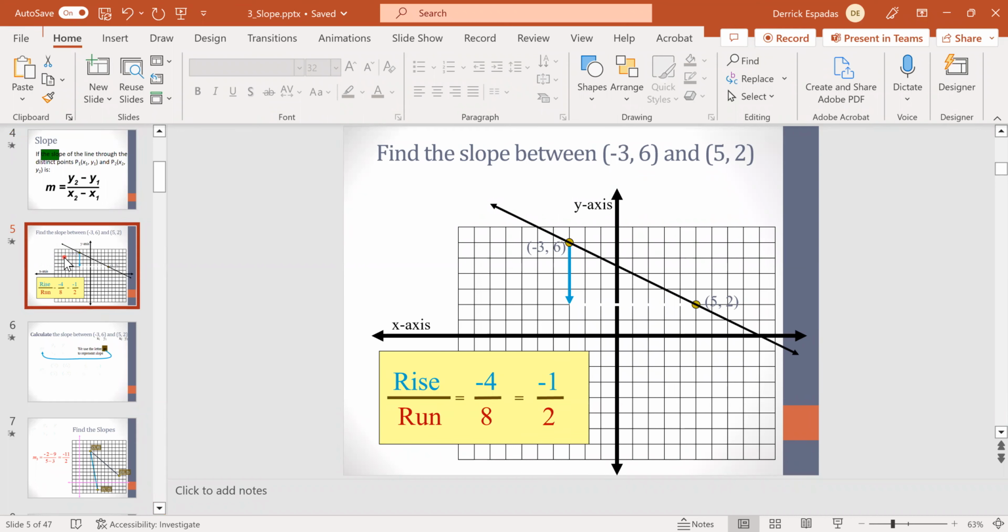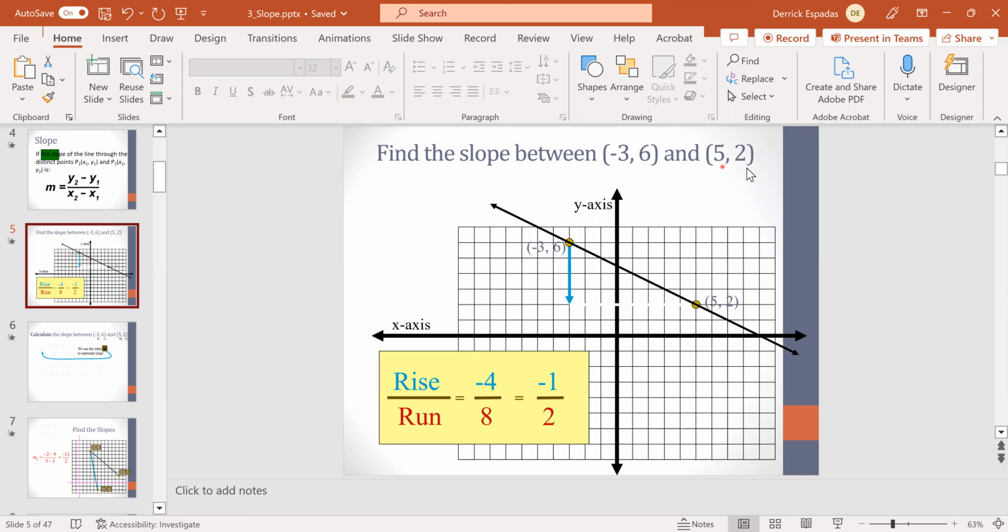So here's an example. (-3, 6) is our point, and (5, 2) is our other point. We would go ahead and mark this one x1, y1, x2, y2. Then our formula says we take y2 minus y1.